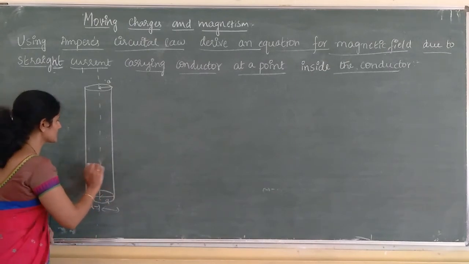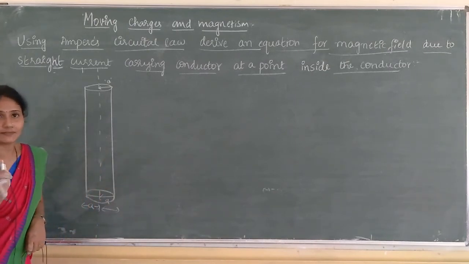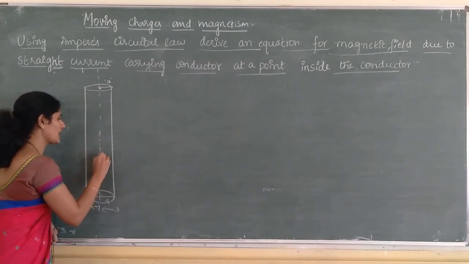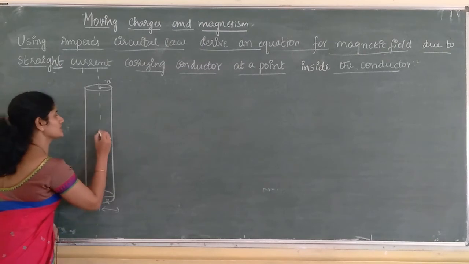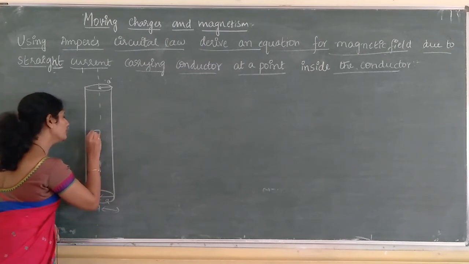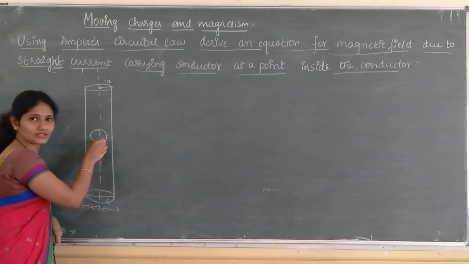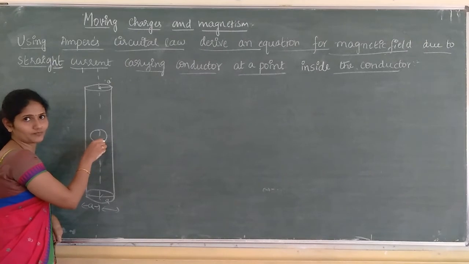Now, let us consider one point P inside the conductor. For that, what we have to do? You have to consider one loop inside the conductor. So, this loop is nothing but the Amperian loop.